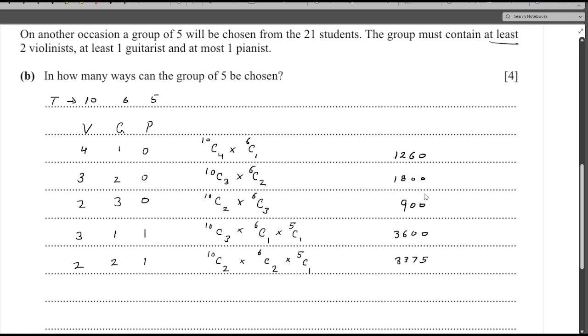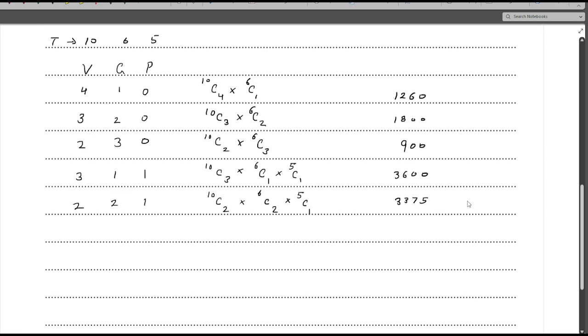Now let us read the question again. In how many ways can a group of 5 be chosen? So a group of 5 can be chosen in total 10,935 ways.